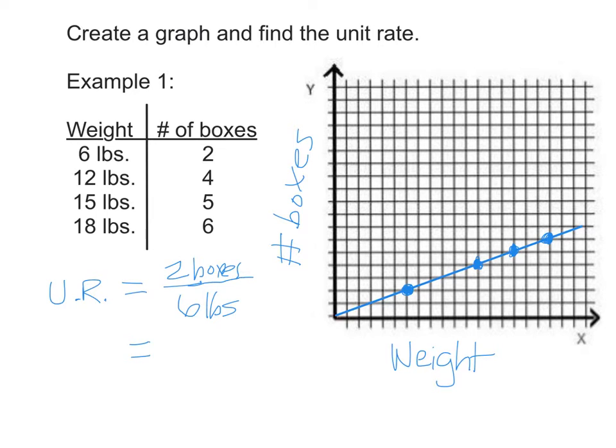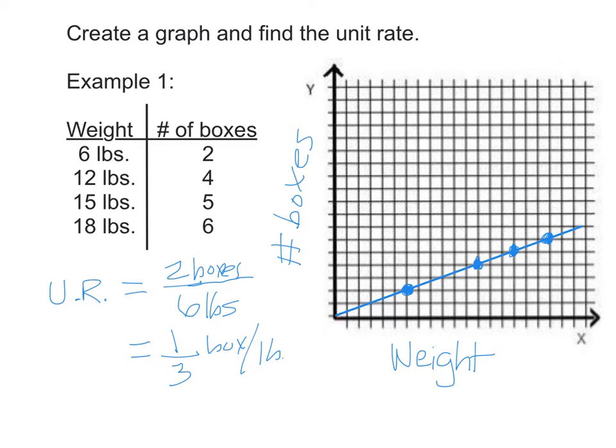And we will reduce that fraction to 1/3 of a box per pound. That would be our unit rate. So every pound would need to be in 1/3 of a box.